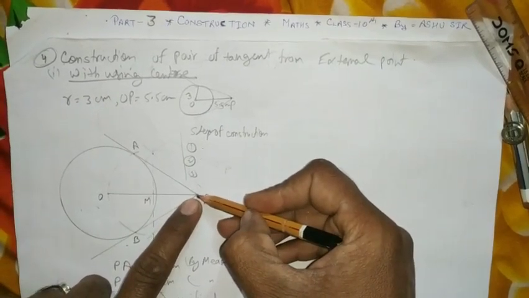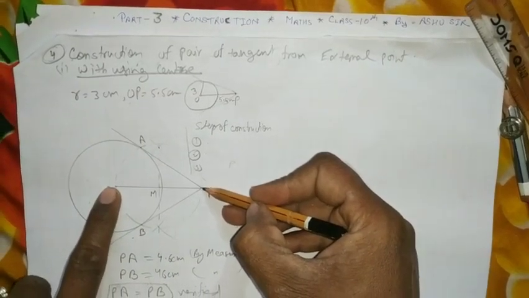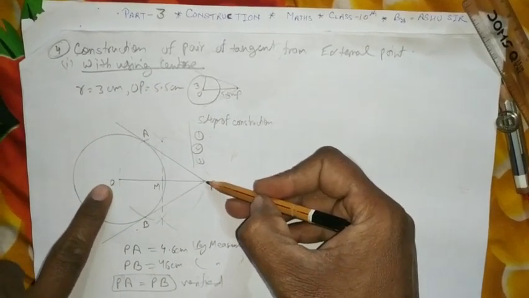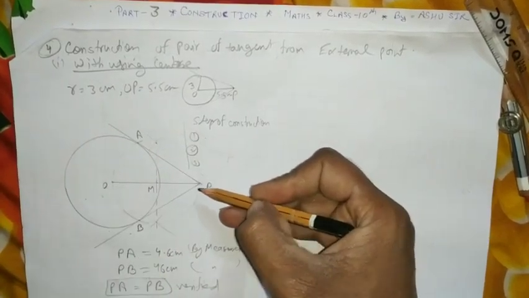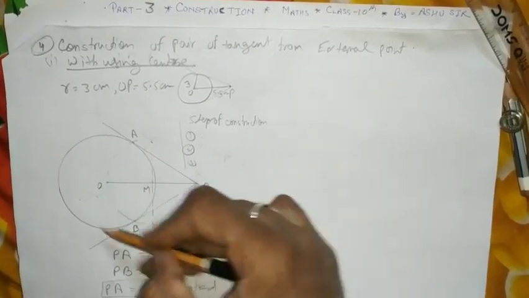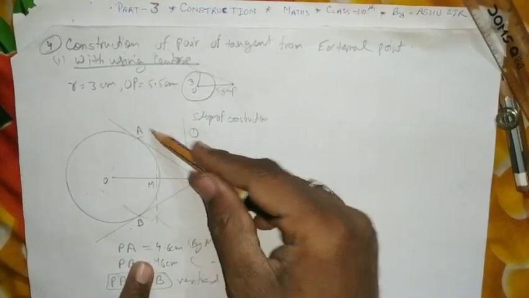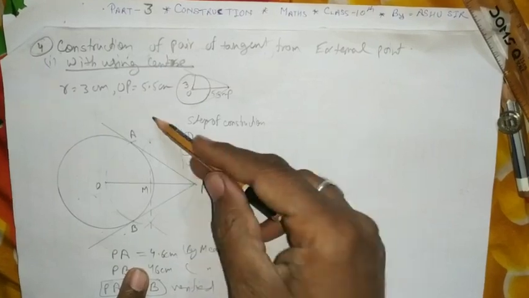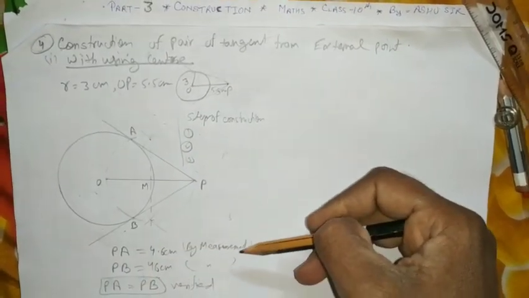This P is the external point of the circle. Third, take OP as a diameter and draw a circle, and this circle intersects the initial circle at points A and B. Join PA and PB. Thus PA and PB are the required tangents.